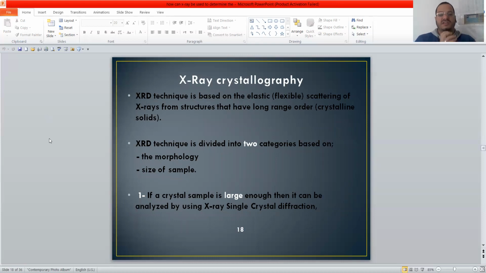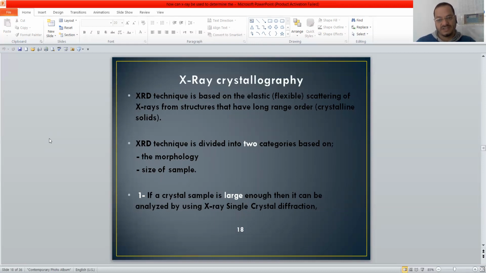X-ray diffraction technique is based on the elastic scattering of X-ray. Why is this technique amazing to us? We depend on the elastic scattering of X-ray from structures that have long range order, crystalline solids.